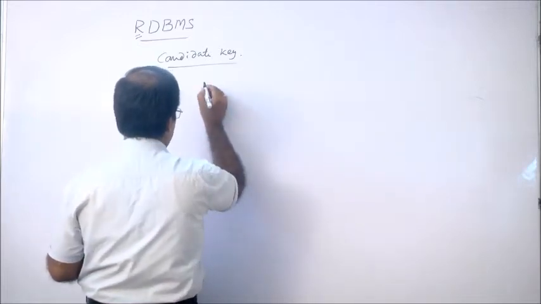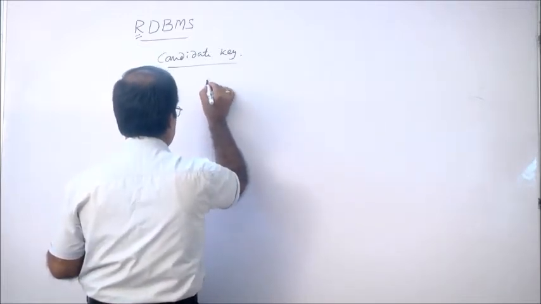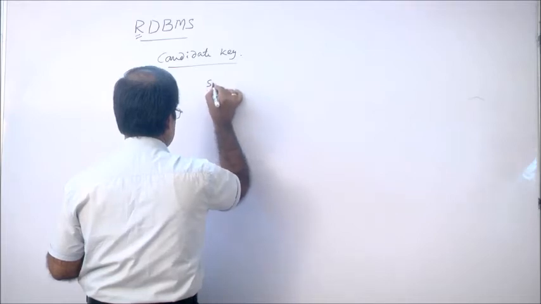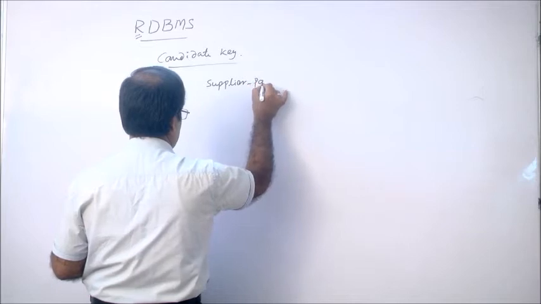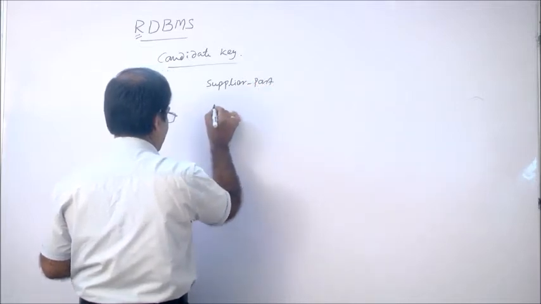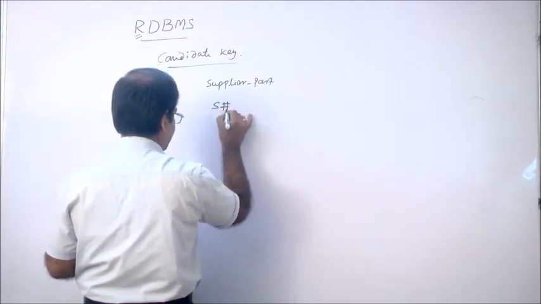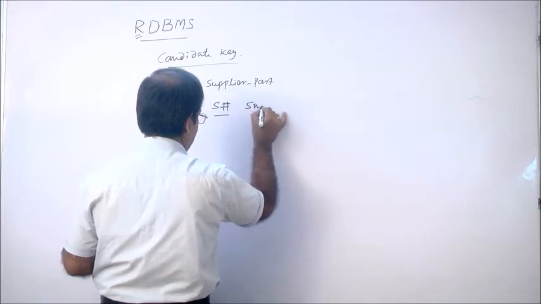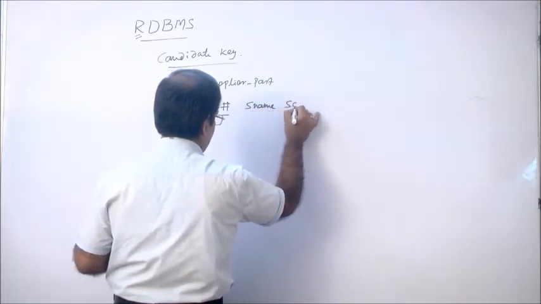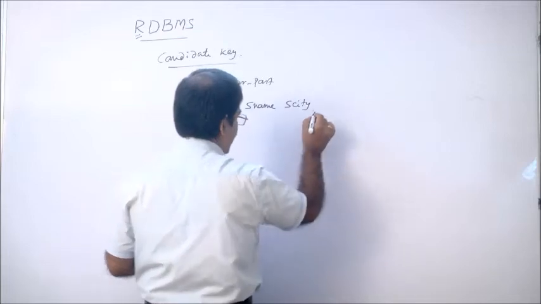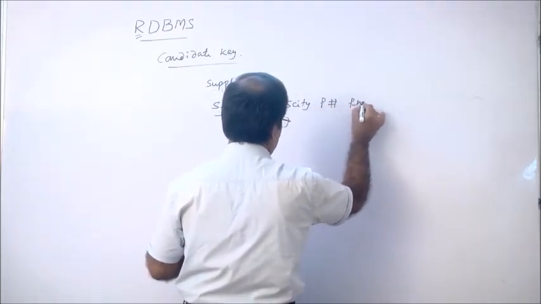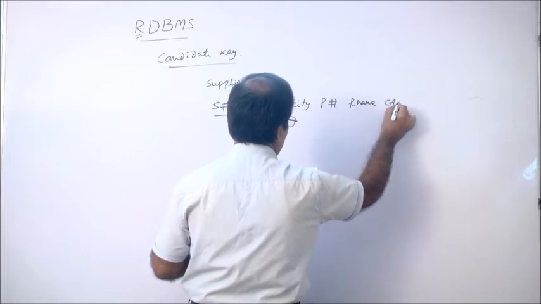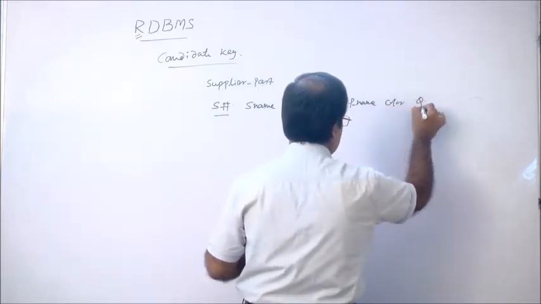A very simple example. Suppose the name of the table is supplier part. Let the table have supplier number, supplier name, supplier city, part number, part name, color, quantity.